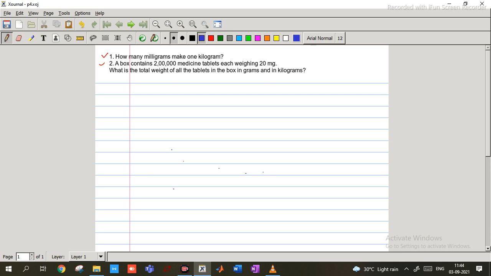So let's say that the total number of medicines is equal to 2 into, can I write it in this way? Let's write in the same way, otherwise you will get confused.